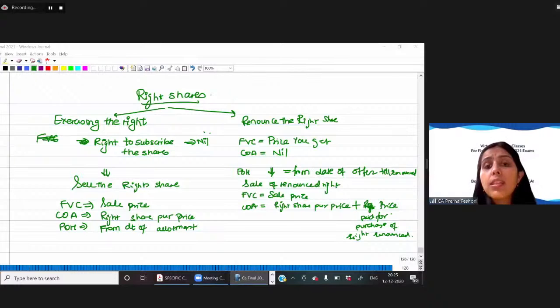When the renounced rights are purchased, then it will be considered from the date of allotment. Is it clear? Any doubts?